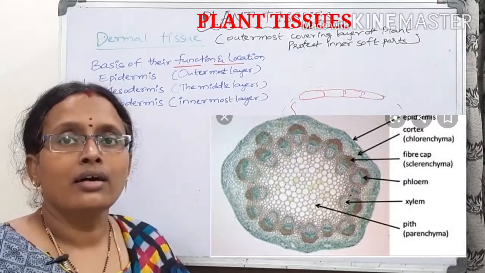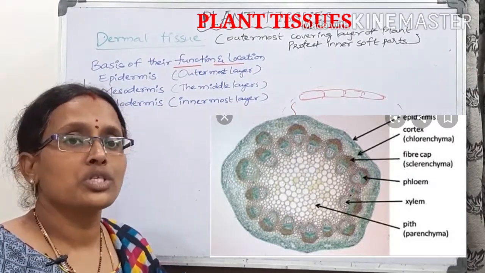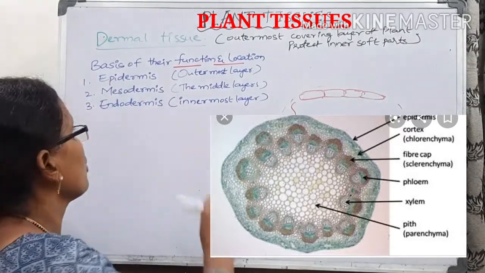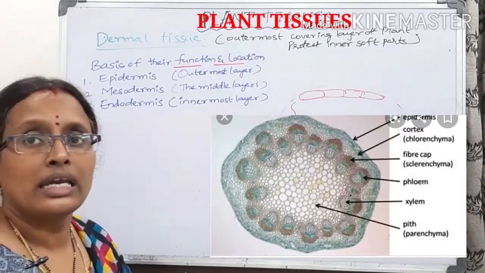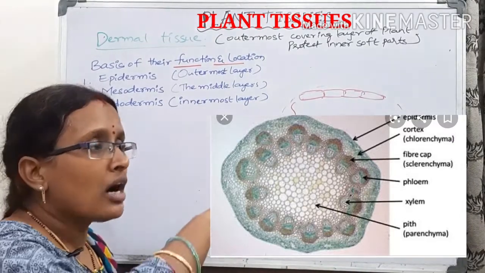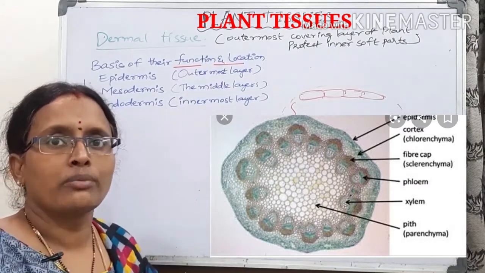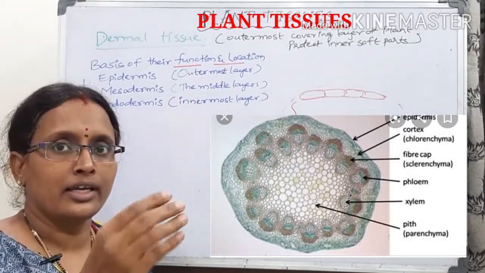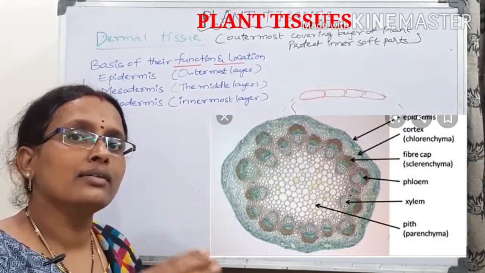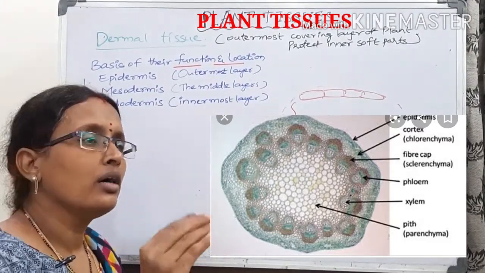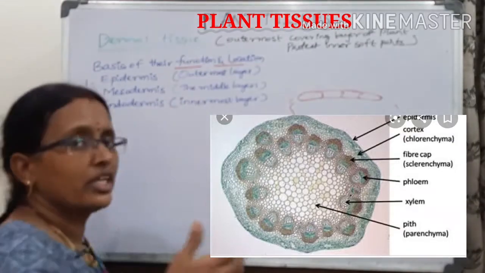When you take the stem transverse section, it is very easy to understand the exact location of all these layers. Epidermis is the outermost covering of the plant, and in mesodermis, meso means in between. Below the epidermis there are several protective layers, and they protect the inner parts.